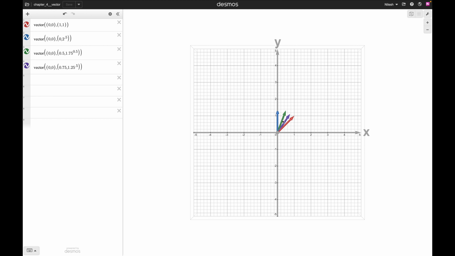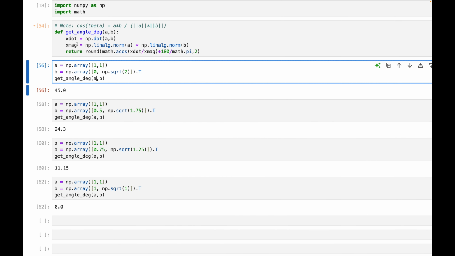If we have different magnitudes or different lengths of vectors, when we do a dot product, we are going to get that magnitude effect in there. So if you are multiplying a smaller arrow with a larger arrow, then the dot product would be larger. If they are all of the same length, then we can compare very easily to get a sense of direction. And here is what we have.